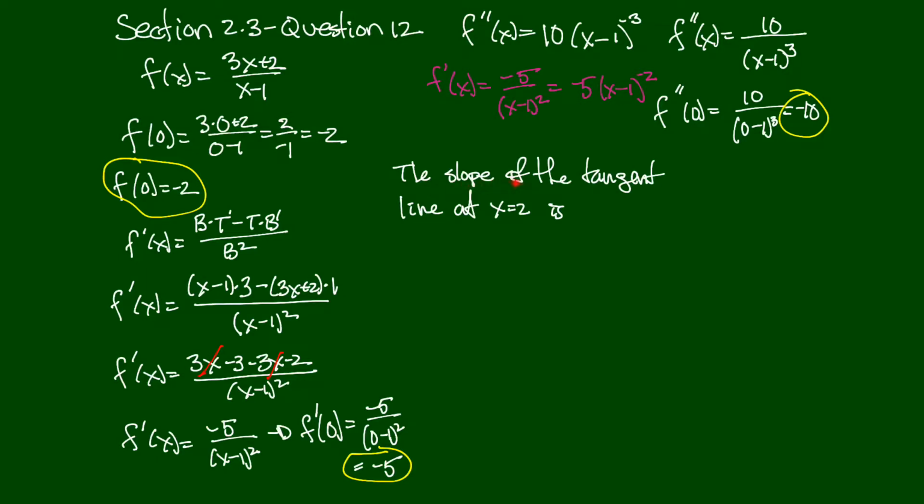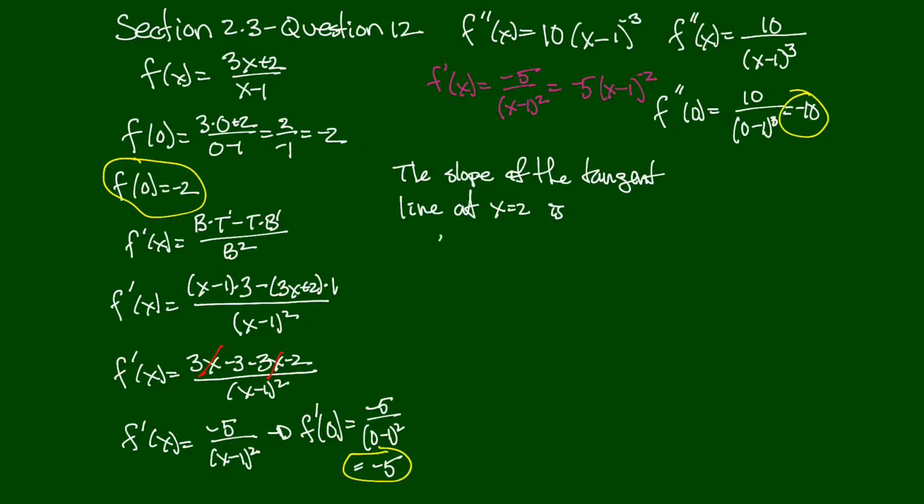So let's answer a question here. What's the slope of the tangent line at 2? Well, that takes us to the first derivative, right? The first derivative gives us the slope of the tangent line, and at 0, oh wait, do we want this at 0? Oh, we want it at 2. So I've got to go back and do this again. That's okay. At x equals 2, let's put 2 into the first derivative.